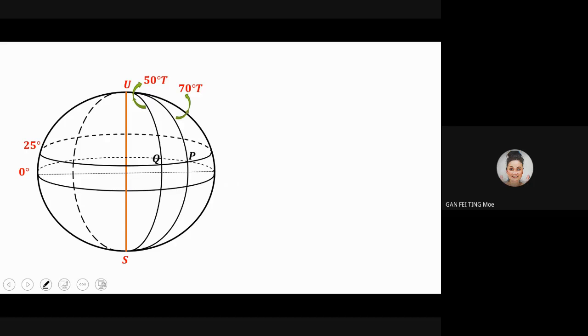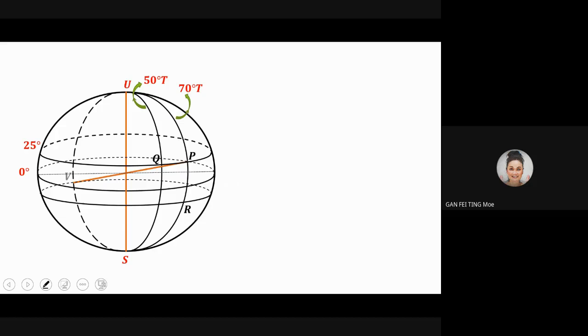Now PV, the information given is that PV is the diameter of the Earth. R is located to the south of P. I label R, which you can see in the diagram. So from P in front here going to the back, the diameter, at the back you can see which is V. This is quite difficult to see. You should know that the diameter of the Earth will be half of the sphere.